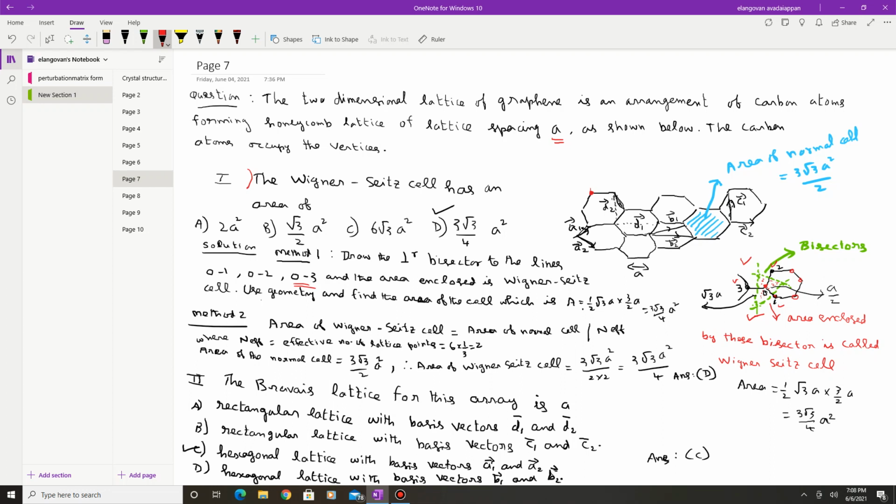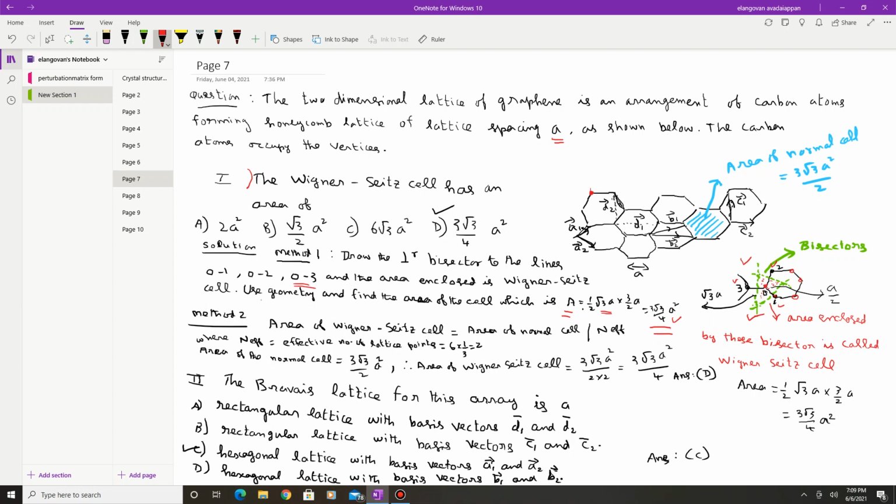Using geometry, find the area of the cell. This is a triangle, and the area of the triangle is half times the base times the height. From the geometry you can easily find the length of the base is root 3 a, and the vertical height is 3 by 2 a. Once you calculate, this is 3 root 3 by 4 a square.